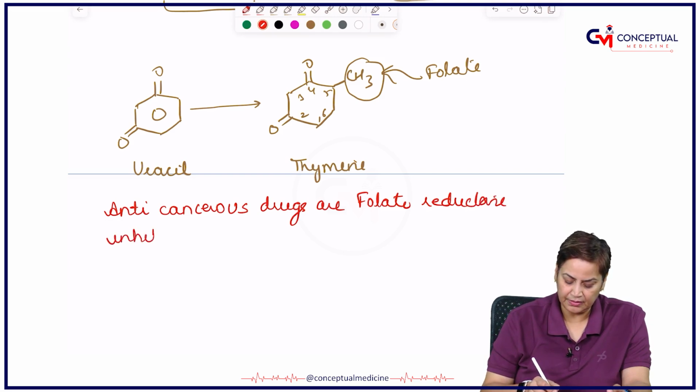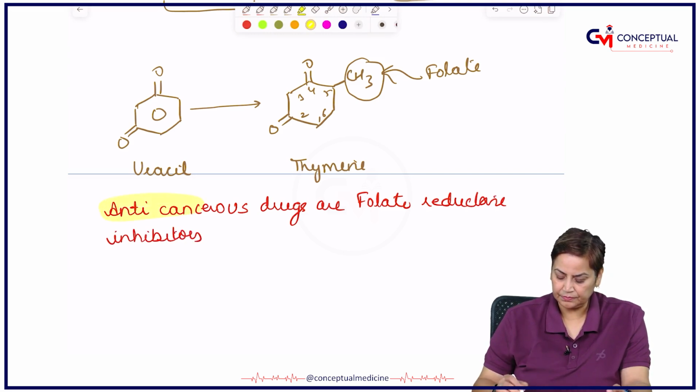Very important. Right? And if we talk about the anti-cancerous drugs, for example, methotrexate is there.